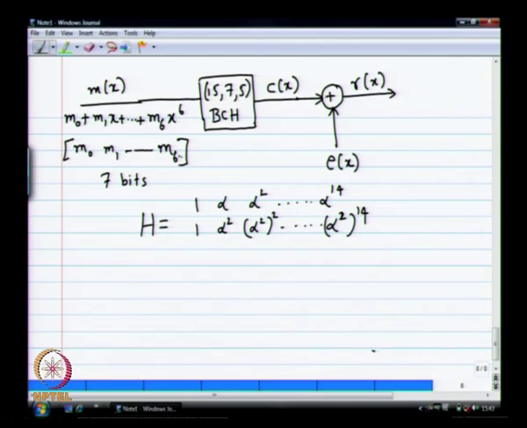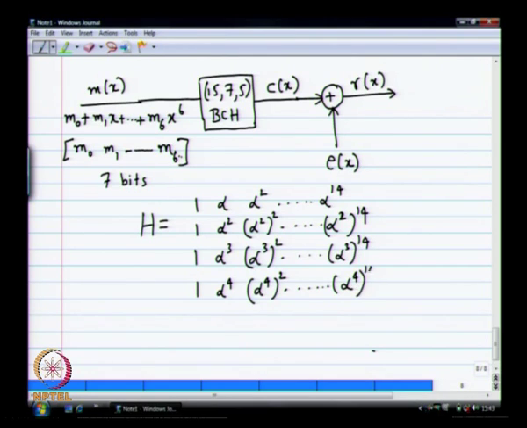Let me draw the whole thing. 1, alpha power 3, okay. This is my parity check matrix, and suppose my received vector is R0, R1 till R n minus 1, okay, and I have a received polynomial R of x.